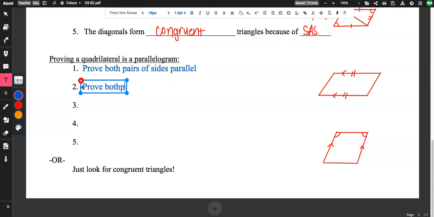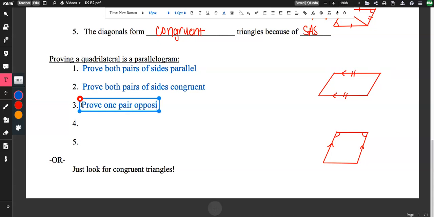Prove both pairs of sides congruent. Prove one pair of opposite sides congruent and parallel. So if you're only using one pair of opposite sides, both things have to be true. It has to be congruent and parallel. Then you can say, okay, this guy is a parallelogram.